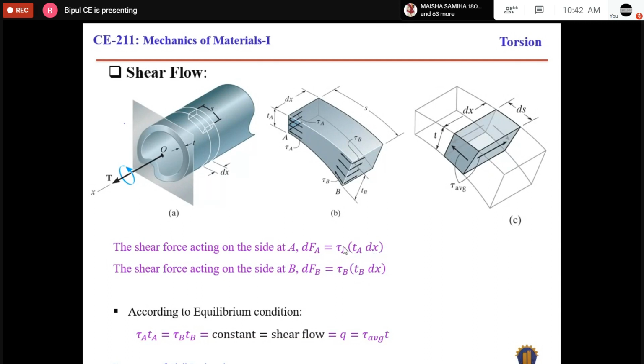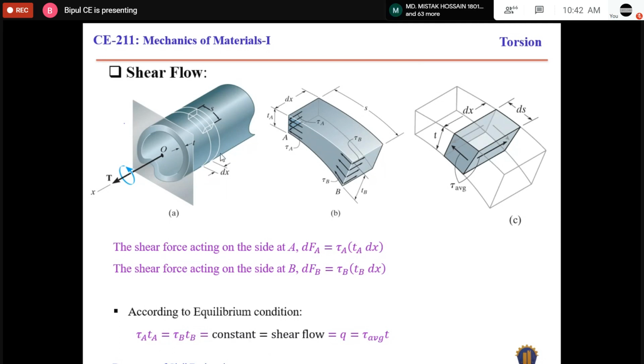So ultimately you will get this relationship: tau A tA, that means shear stress at end A times the thickness of the tube at A, equals tau B tB, that means shear stress at end B times thickness at end B. If we consider another section, again it will be tau C tC, tau D tD.